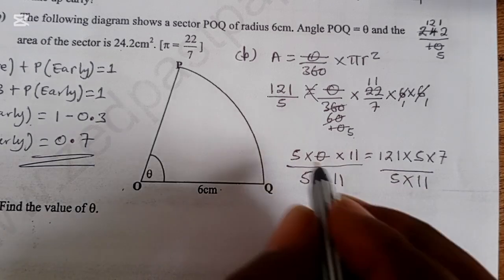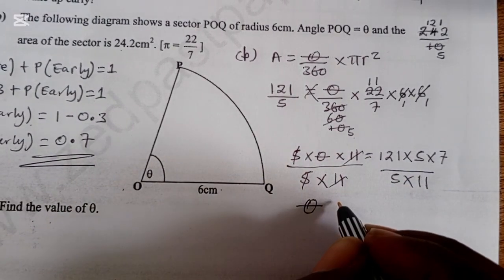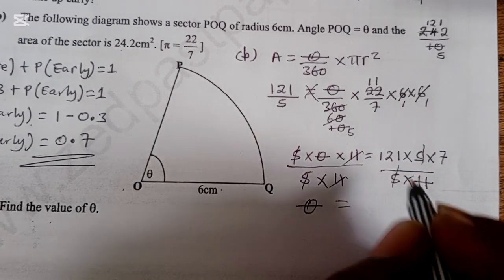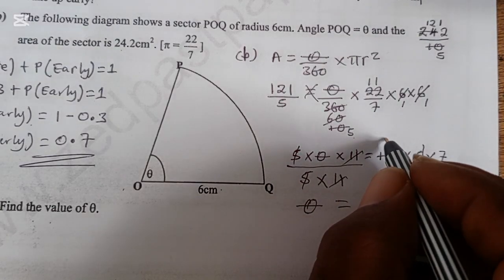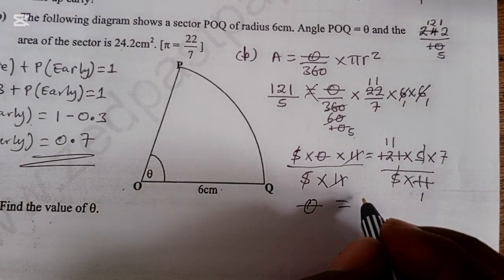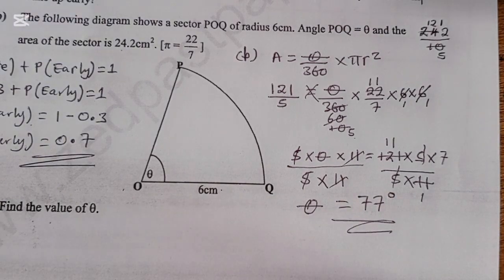So 5 goes, 11 goes. So theta is equal to 11 into 121 is 11. So 11 times 7, it is 77. So 77 degrees is our answer.